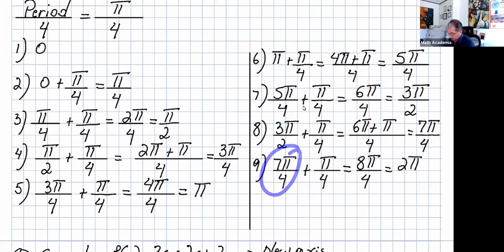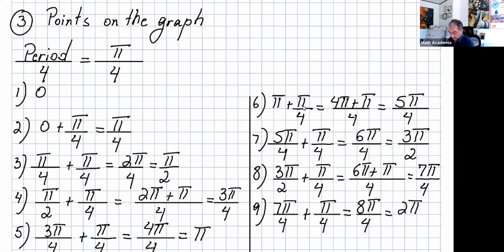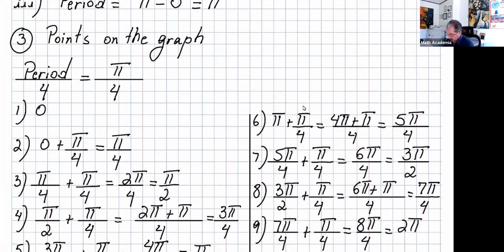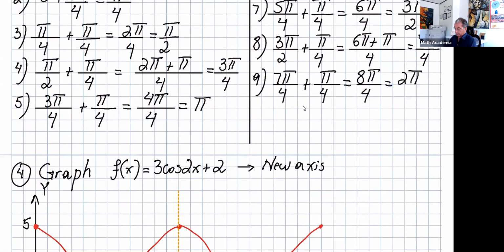And 7 pi over 4 plus pi over 4 is 8 pi over 4, which is 2 pi. Basically, if you want to go one more period, that means one more pi, you're going to get 2 pi, and we did get 2 pi. So that's the last point on the graph.